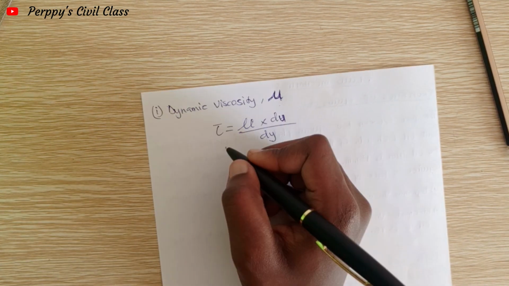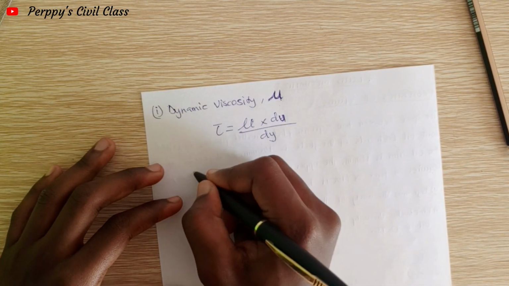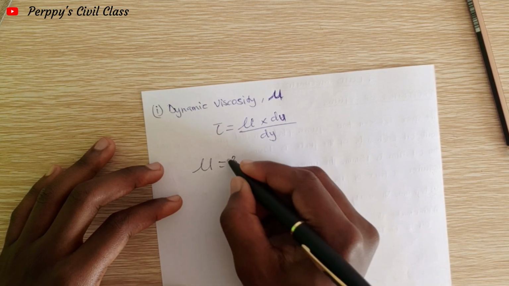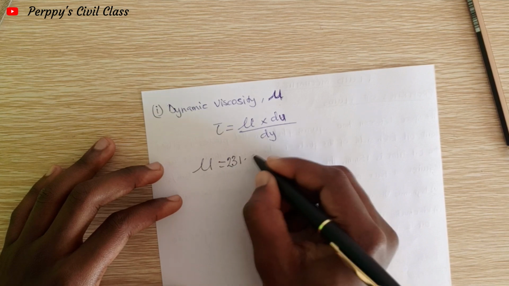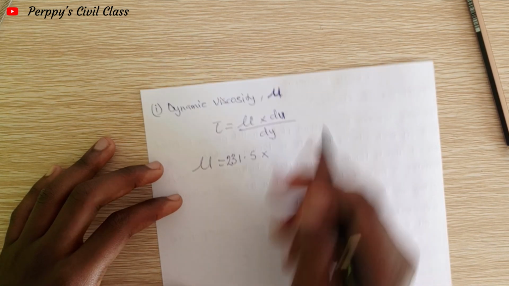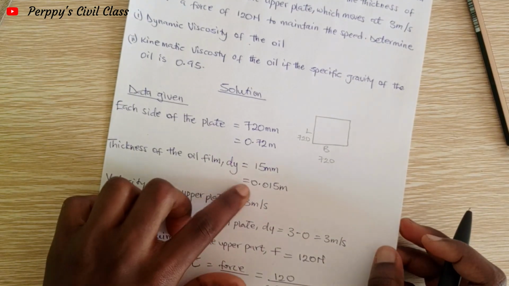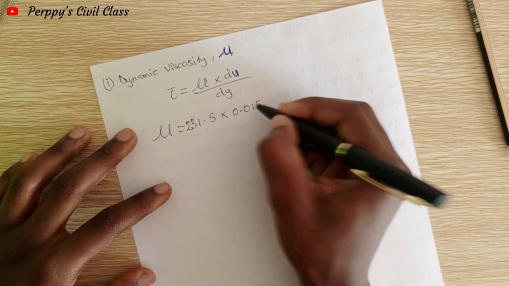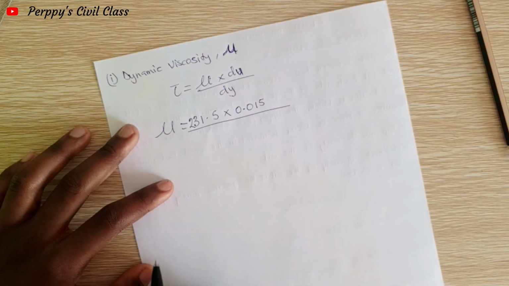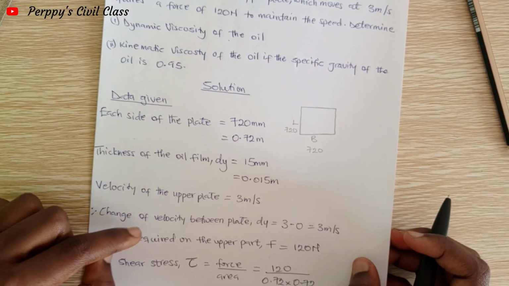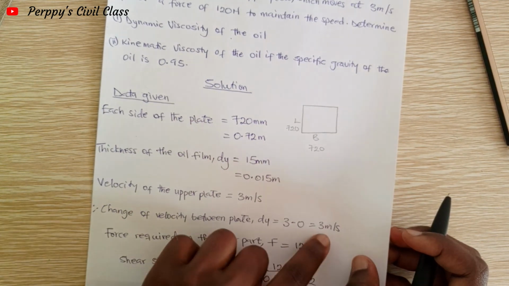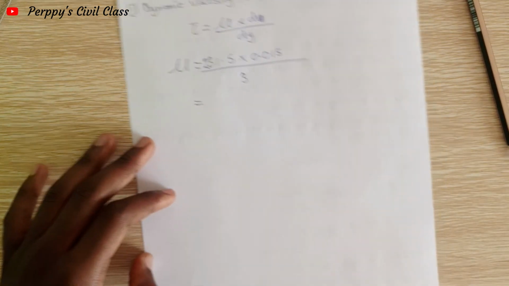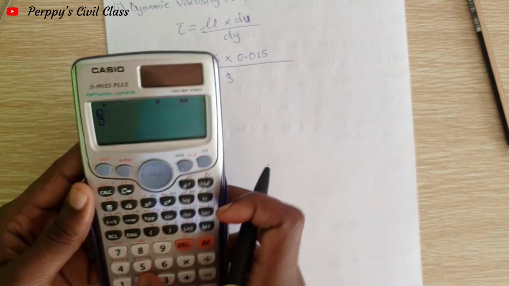By making mu the subject, we have tau, which was 231.5, times dy, 0.015, all divided by du, which is 3.